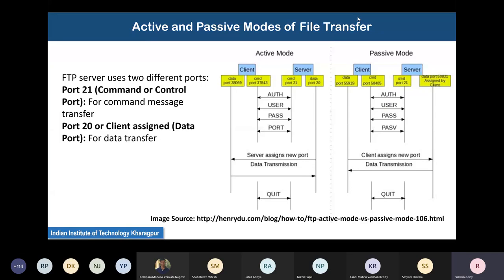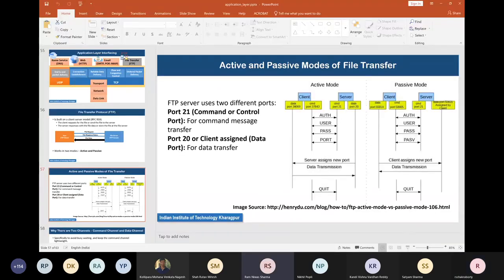So where is the arrow that shows that the client is requesting permission from the server? This arrow on the top, the AUTH command, the authentication command, this arrow on the right hand side says that it is requesting a connection to the server.